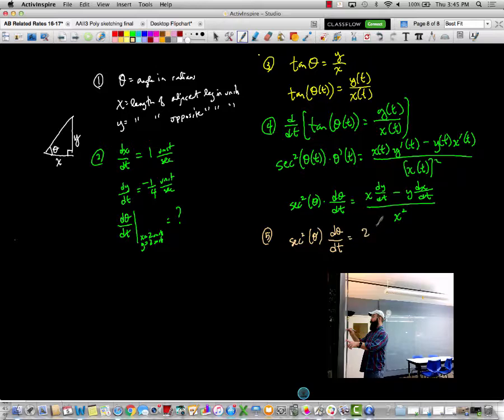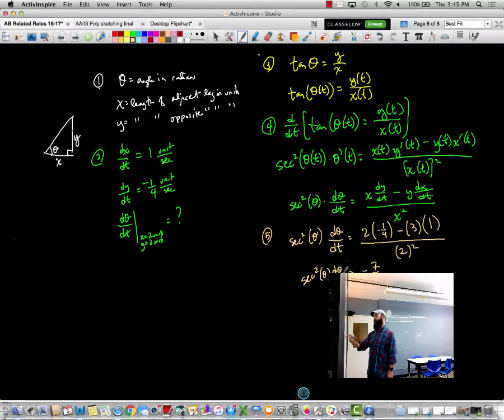X was 2, dy/dt is negative 1/4, minus y, which was 2, times dx/dt, which was positive 1, all over x squared, which was 2 squared. So now, all this stuff over here on the right is just a number. It's negative 1/2 minus 2, which is negative 5/2, over 4, which is negative 5/8. Hopefully I did that arithmetic right.